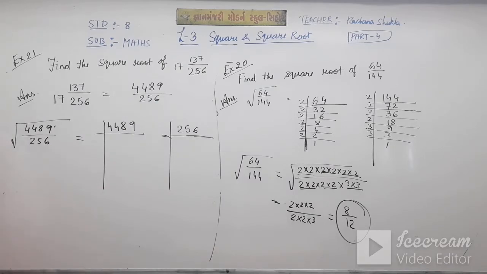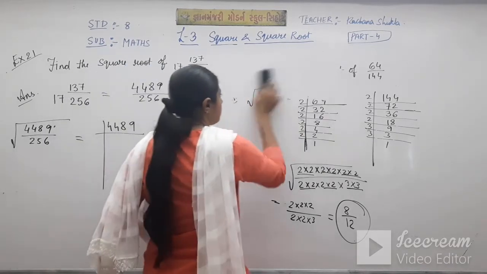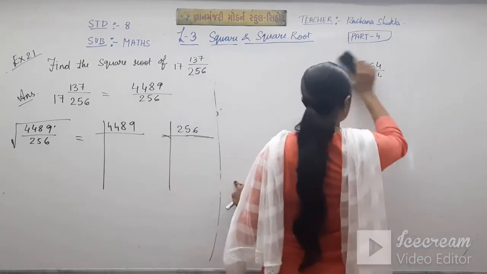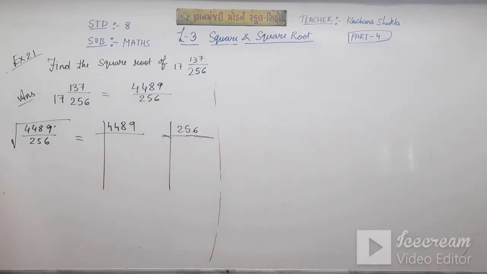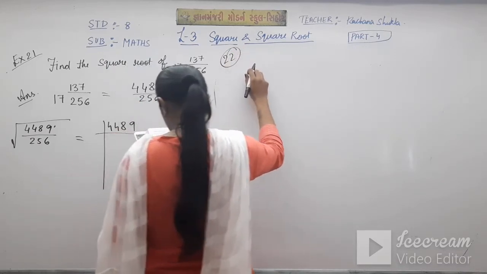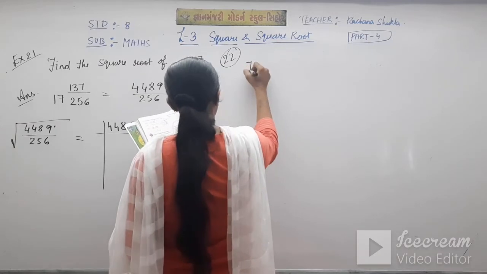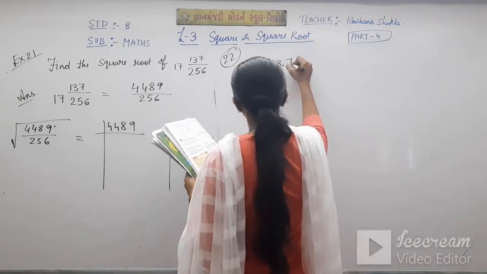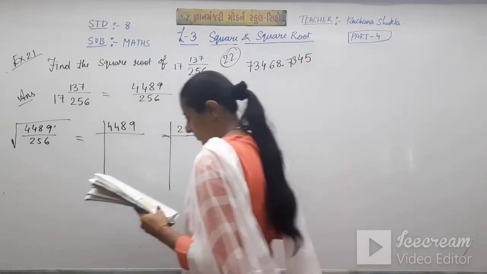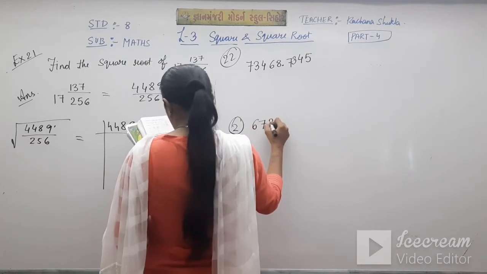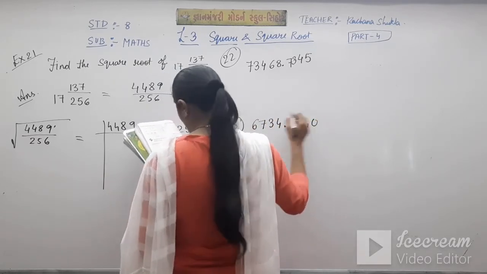Now the next sum, that is example 22. The question is 73468.7345, and the next question is 6734.8340.